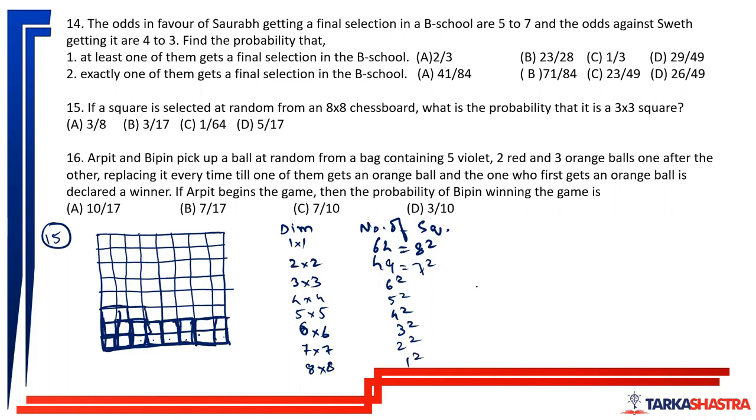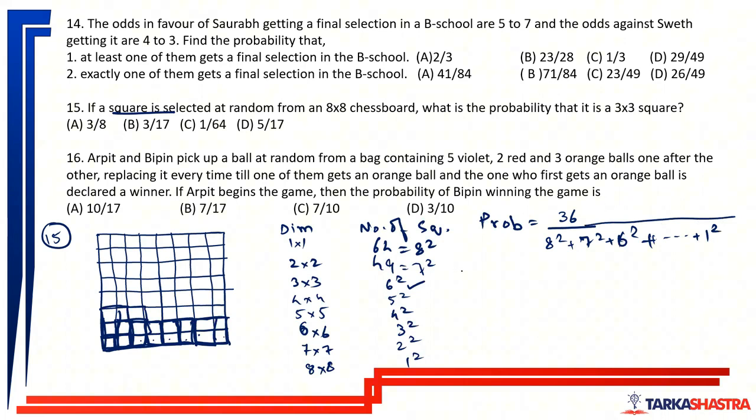Now, the probability that it is a 3 cross 3 square. So, probability will be favorable cases, 36 or 6 square, and total number of cases, because if a square is selected, it can be any square. So, total number of cases are 8 square plus 7 square plus 6 square up to 1 square.